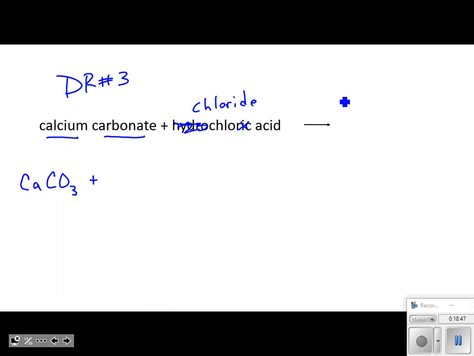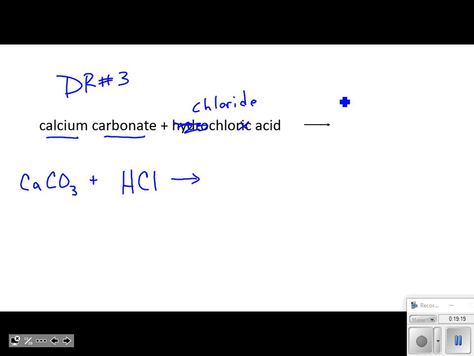I have chloride. So hydrochloric acid is HCl. Now, my packet tells me that a double replacement number 3 gives me a salt, water, and carbon dioxide.